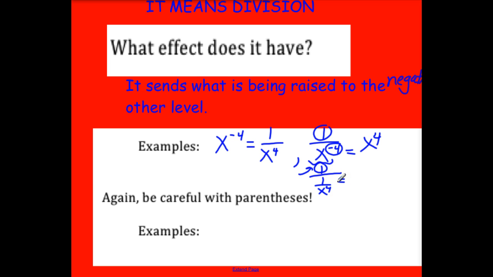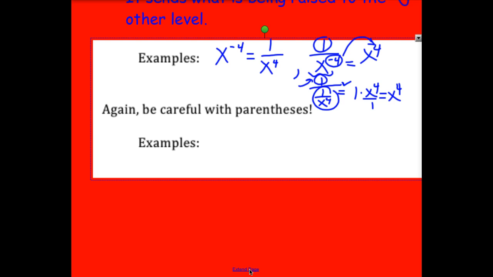And you should have learned that division is the same as multiplying by the reciprocal. So we flip that over, and you'll notice the end result is it sent that negative up to the top as a positive.